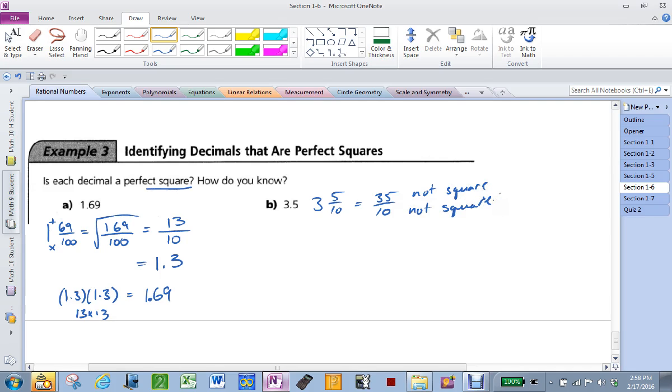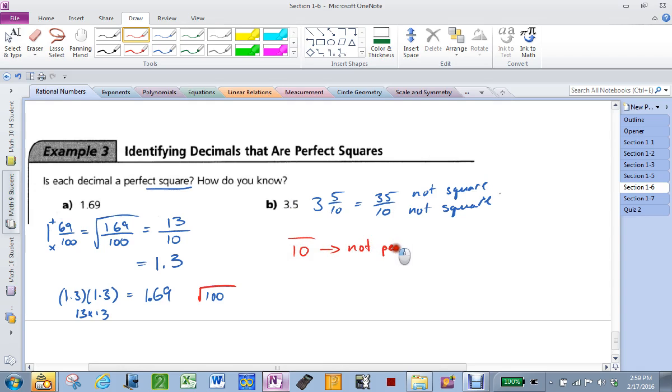So now this was the last thing I showed you guys. 1.69 is 2 decimal places. So that is over 100, which has a perfect square. 1 decimal place is over 10.